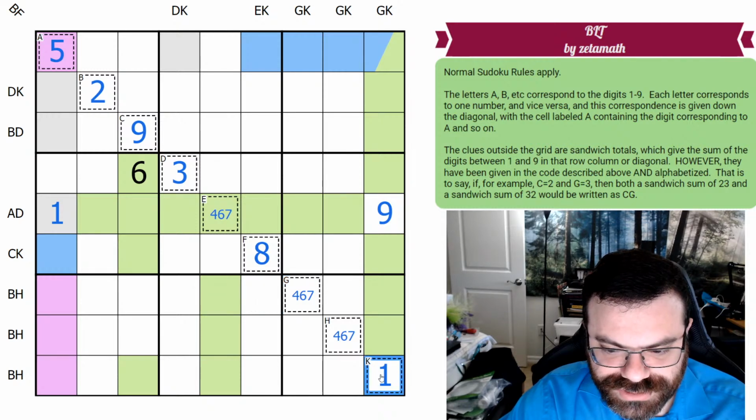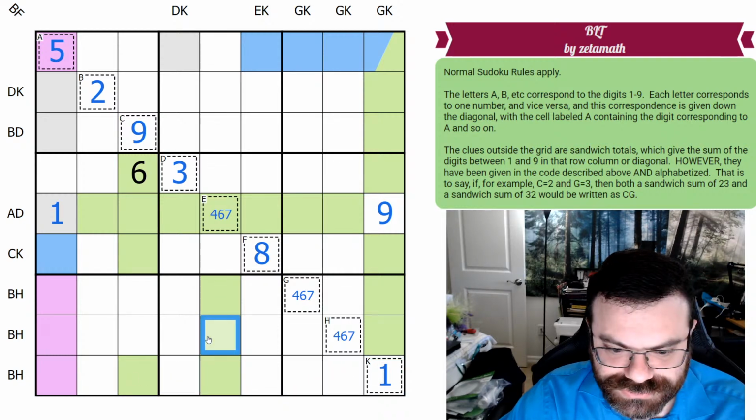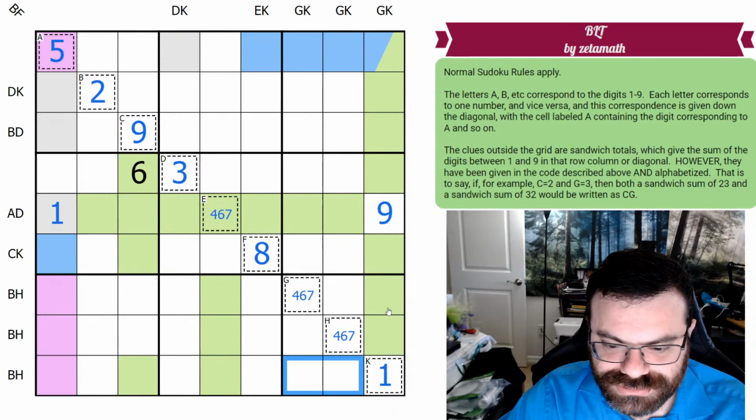We have this one here. Does that mean the 9 has to be here? Because it green some stuff in row 9. Yeah, so we gotta be 4 long at least.